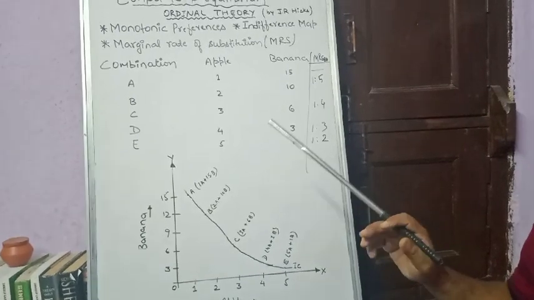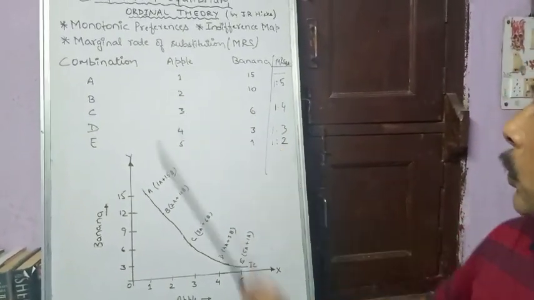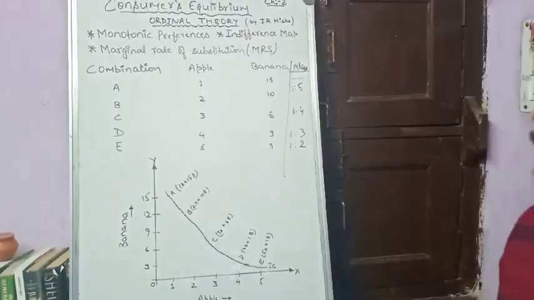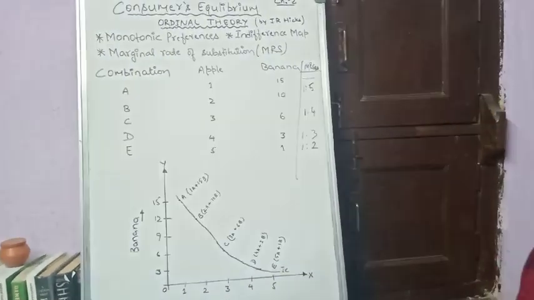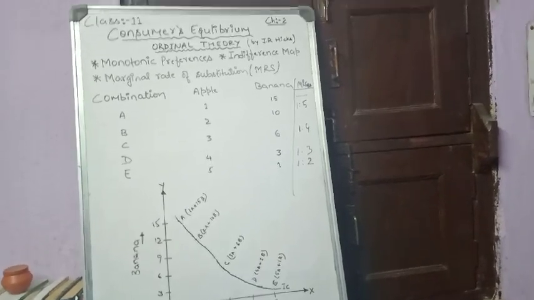Once again, the marginal rate of substitution states that a consumer is ready to substitute one good for another in such a way that there will be no change in the satisfaction level.